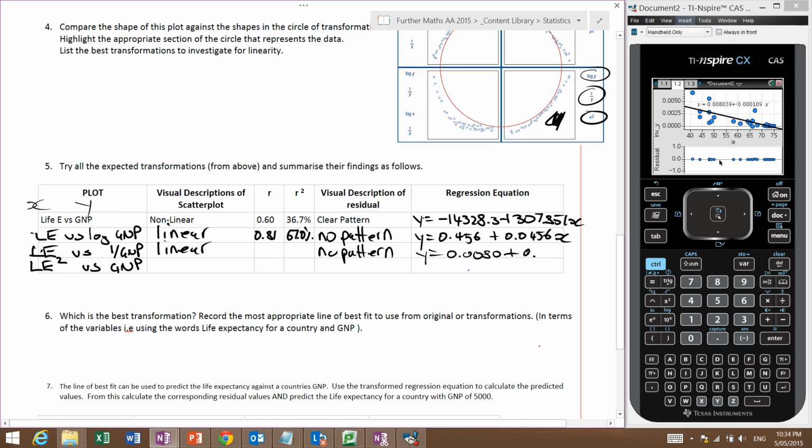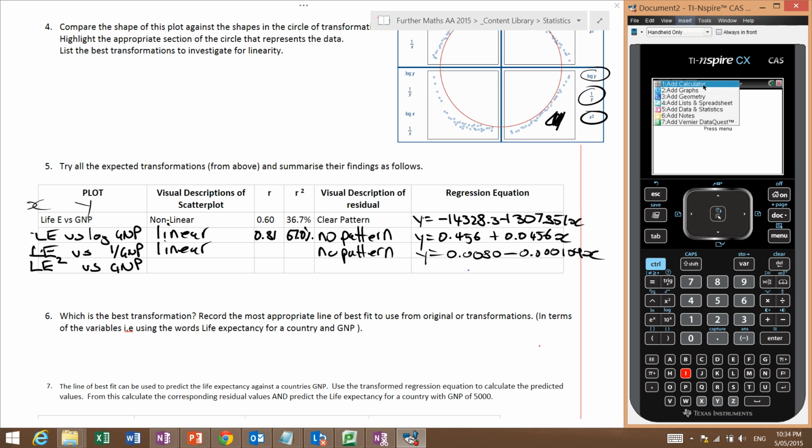It's a bit hard to see that little bit of writing. Minus, and that makes sense because it's a minus gradient, 0.000109x.